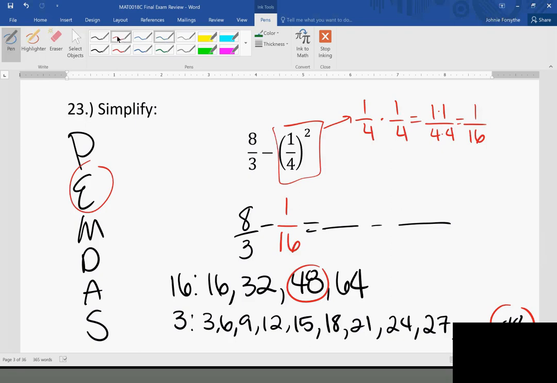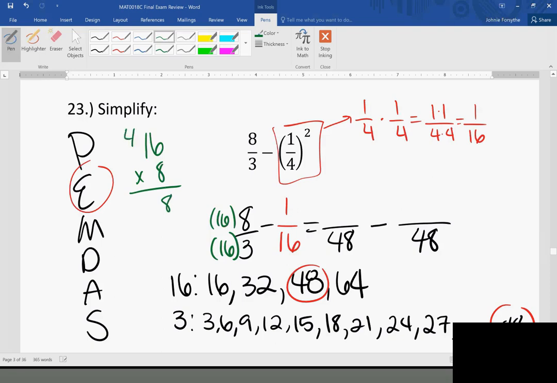So if I want to use 48 as my common denominator, I'm going to multiply the first fraction by 16, the top and bottom. So 16 times 8. 8 times 6 is 48. Carry the 4. 8 times 1 is 8, plus 4 is 12.